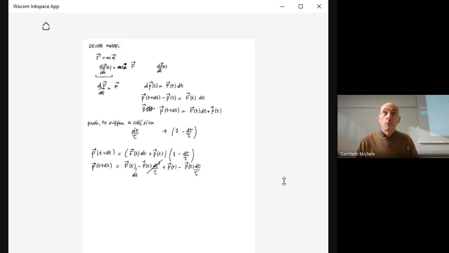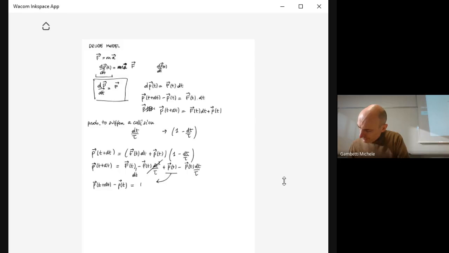And at this point, the procedure is to go back to the initial point, so to try to reassemble the second law of dynamics, to go back to the initial form, that dp divided by dt is equal to f. So we may take this p back to the left side of the equation. So we have p times t plus dt minus p times t.